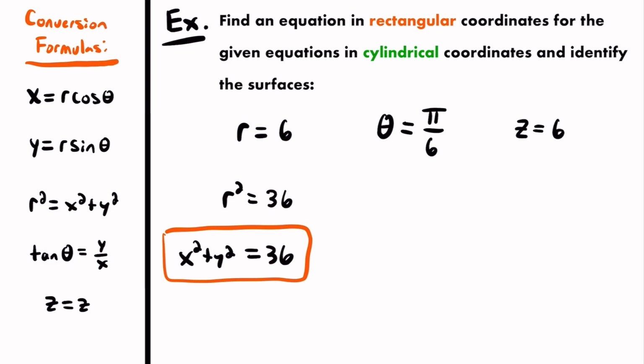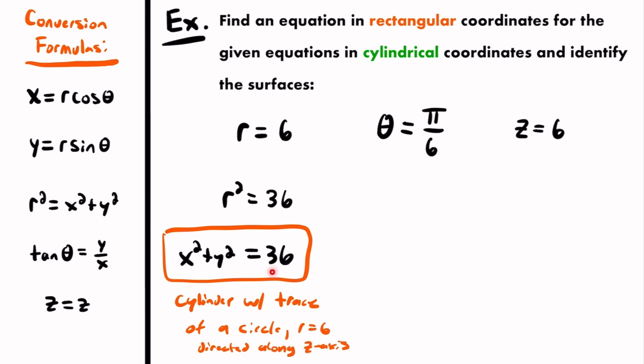And that trace would be projected along the z-axis because the z variable is not present in this equation. All right, so this is a cylinder with a trace of a circle r equals 6, or the radius equals 6. And if you want to write this down, it is directed along the z-axis. Okay, so that's that surface.